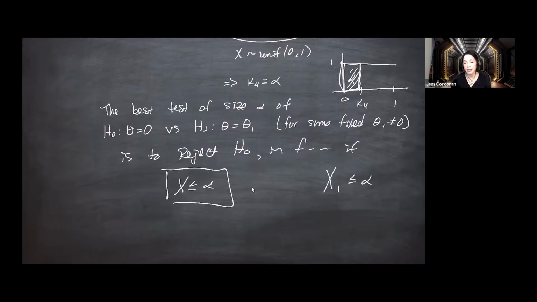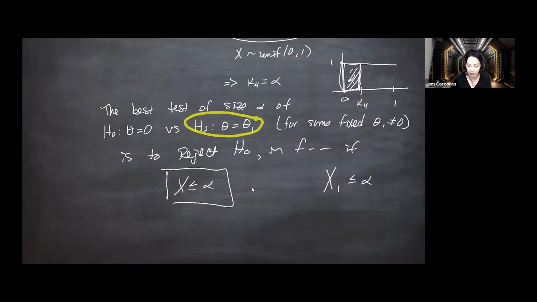But the point is to make it uniformly most powerful. First of all, for simple versus simple the uniformly most powerful test is just the best or most powerful test, because the definition is that it is best or most powerful for all of the thetas in the alternate hypothesis. So if there's only one there, then our best or most powerful test is technically uniformly most powerful.